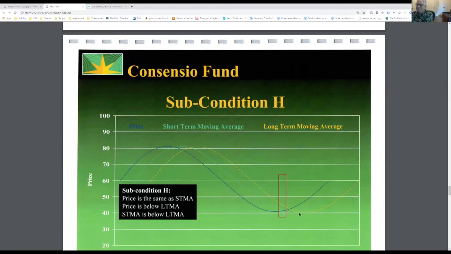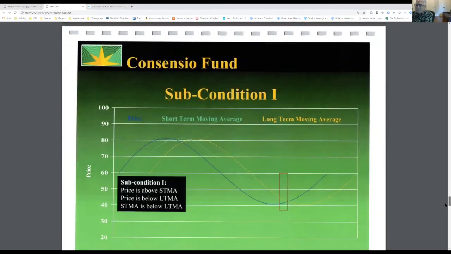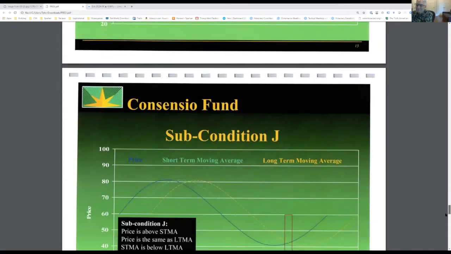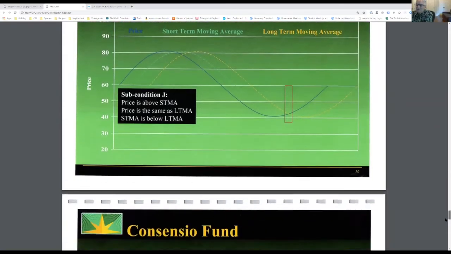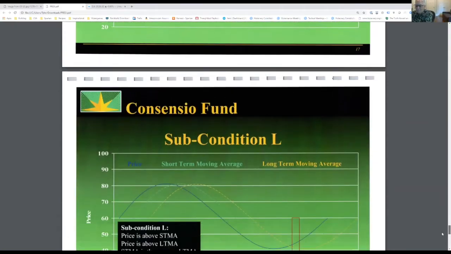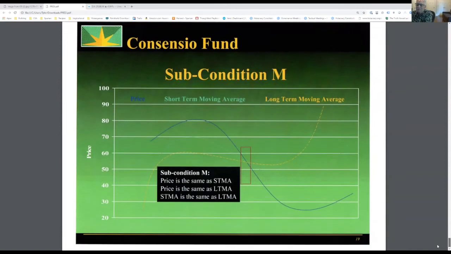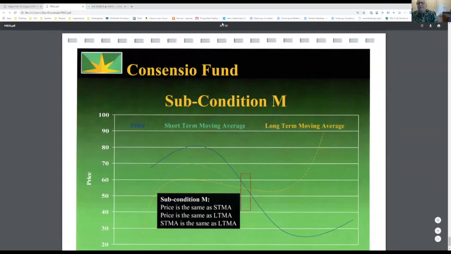And finally, in this idealized way of looking at what Consensio is attempting to achieve, we begin up the other side until everything is crossed over and you're back out of a bear market and into a bull market. Now, that's all we're going to do with those lines at this point.